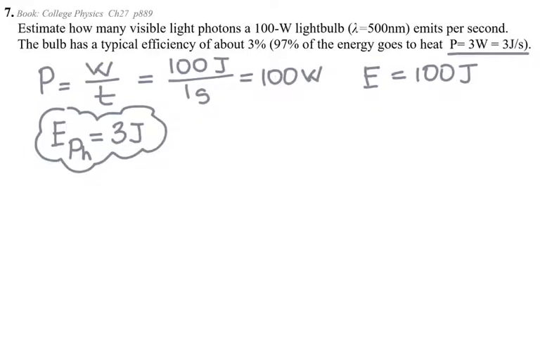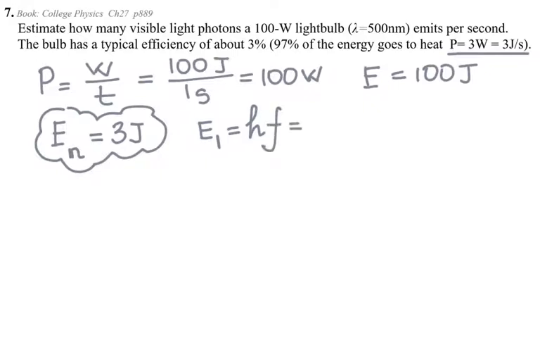And I also know that the energy of 1 photon is, let's do it this way. Instead of writing pH for photon, I'm going to say of all photons emitted, this is all photons, there's a number n of the photons. But one photon is Planck's constant and the frequency.